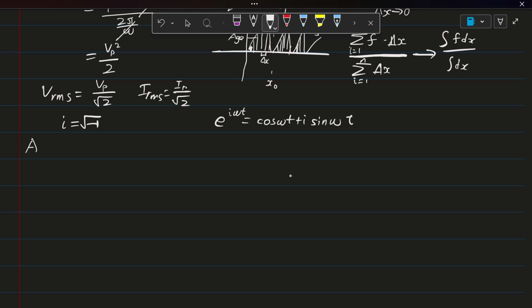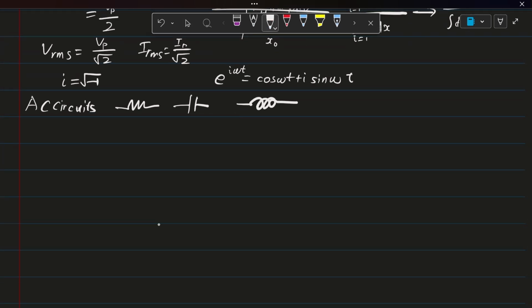So within AC circuits, there are three things which you normally talk about: resistors, capacitance, as well as inductance. So let's discuss each of these components. First, the resistor has a property in which V over I is our resistance.